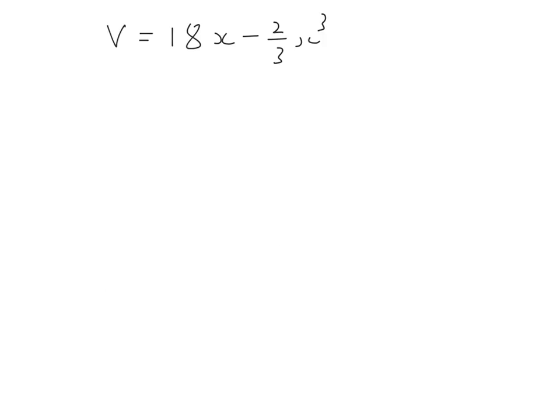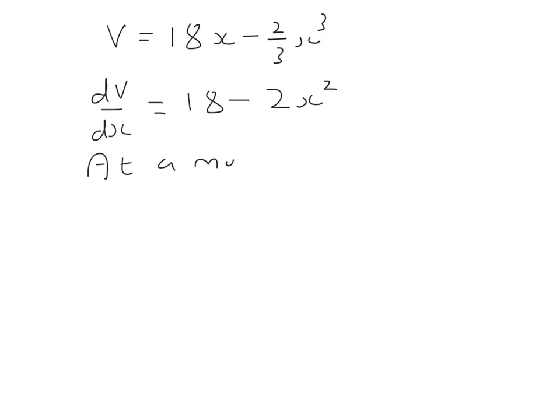Now we're trying to find the maximum volume, so what we need to do is find where the gradient of the graph of V against x equals 0. So let's differentiate. It's 18, 2/3 times 3, that's 2x squared. So at a maximum point, dV by dx equals 0.